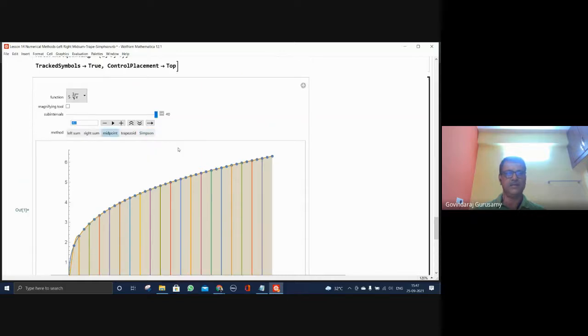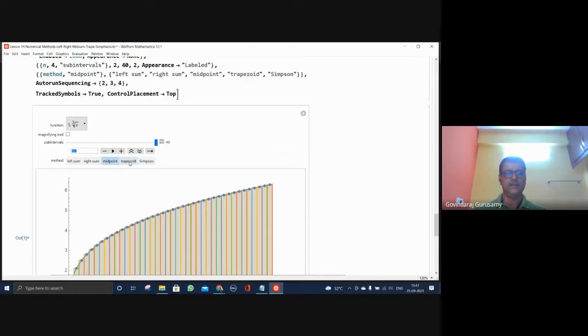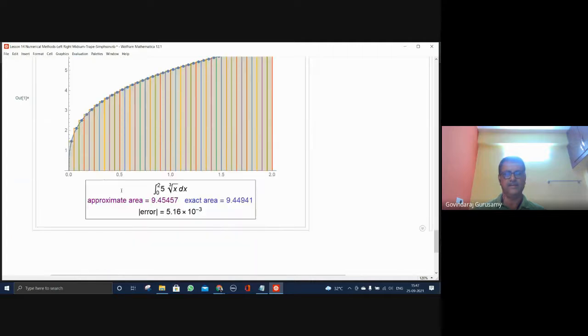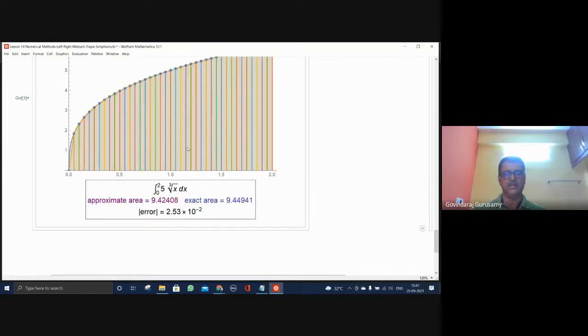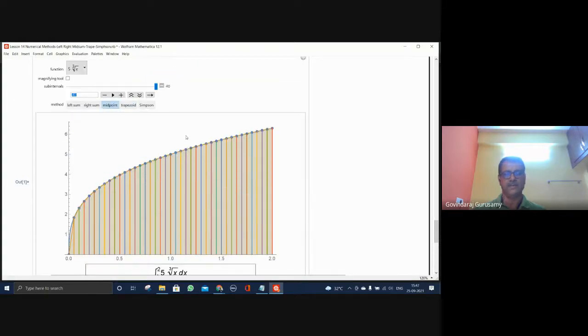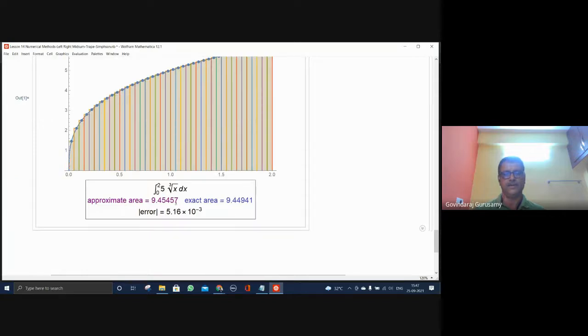And what about here? Midpoint sum is better. Right, this side is also around that. No, the midpoint is better. 9.45457 is the approximate area. This is the exact number. So this is about 10 power minus 3.